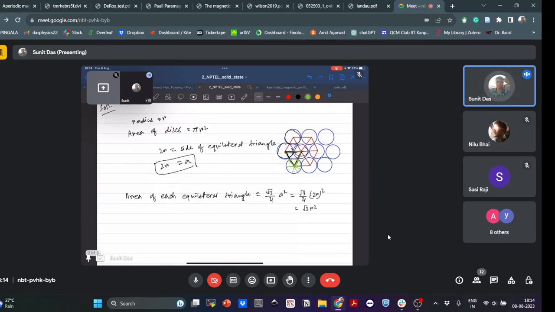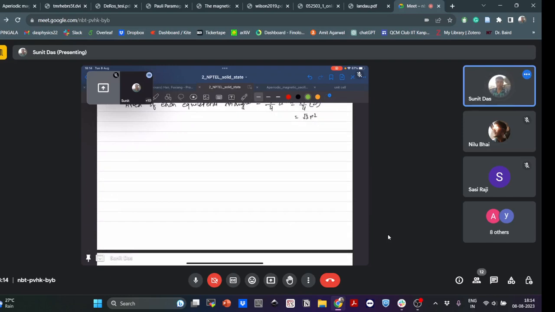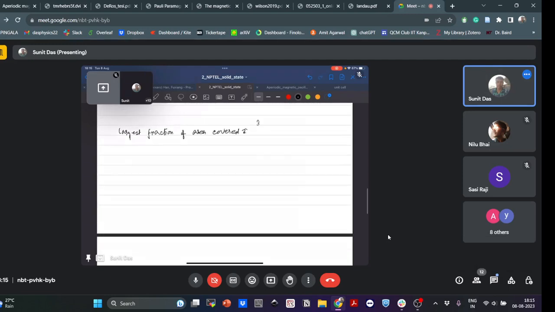Now how much does a triangle get in its area? 1, 2 and 3, right? So the largest fraction of area covered will be 3 by 6 into the area of each disc.